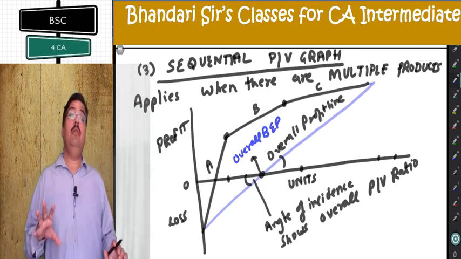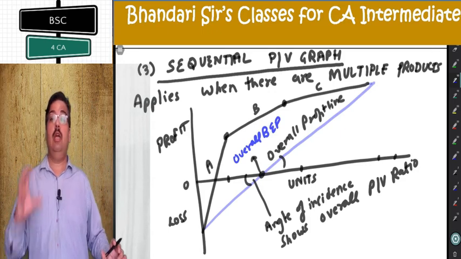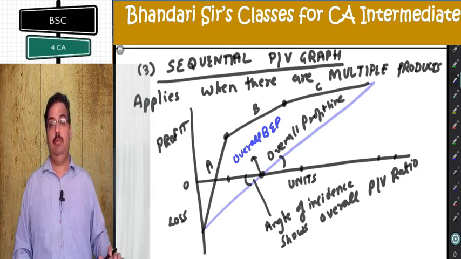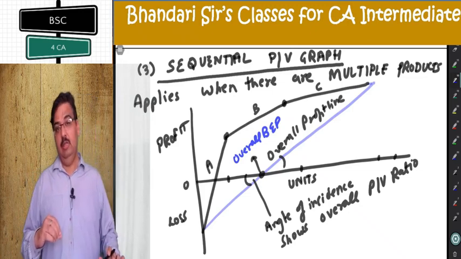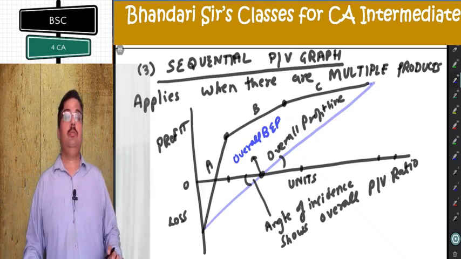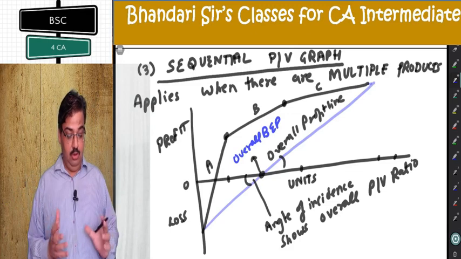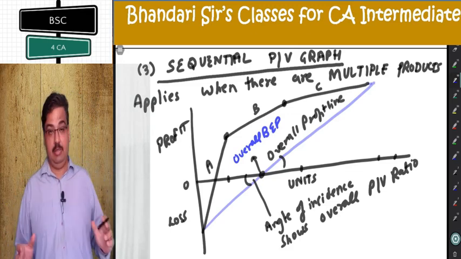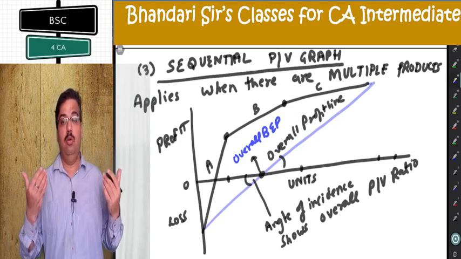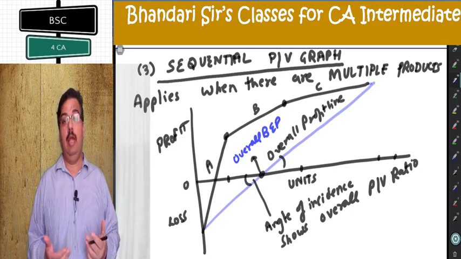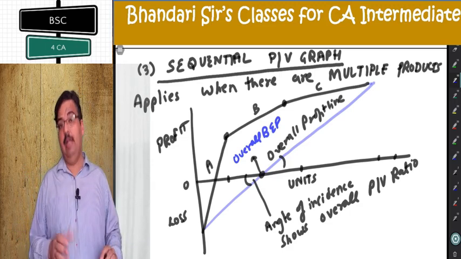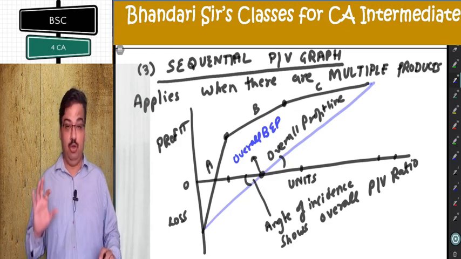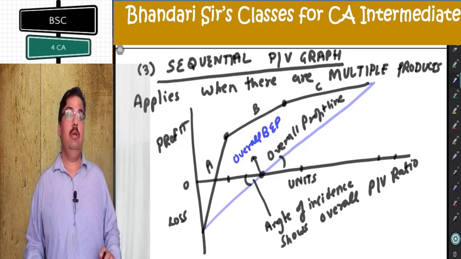So, the sequential PV graph is a good presentation when there are multiple products. The concept is the same as the PV graph, only it is sequential, and joining the extreme points makes the overall profit line, which gives the overall break-even point and the overall PV ratio shown by the angle of incidence there.